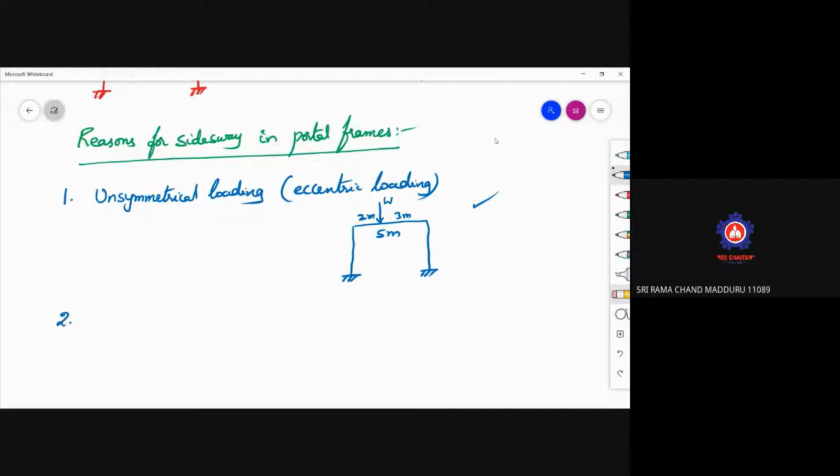Now coming to the second one, different moment of inertia of column members.